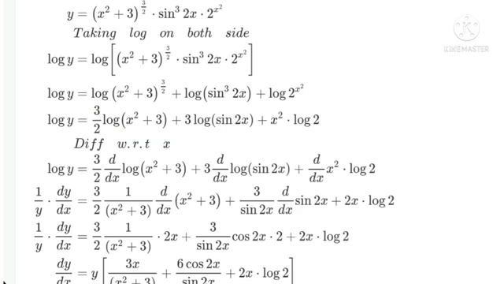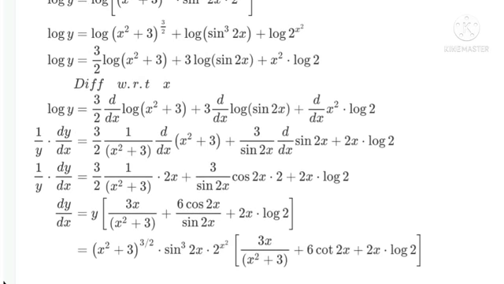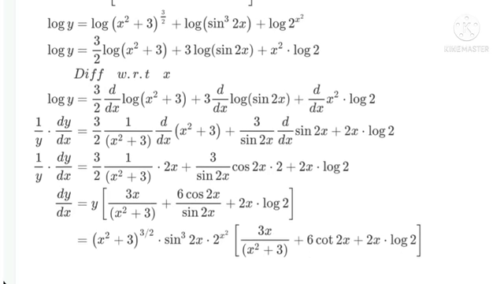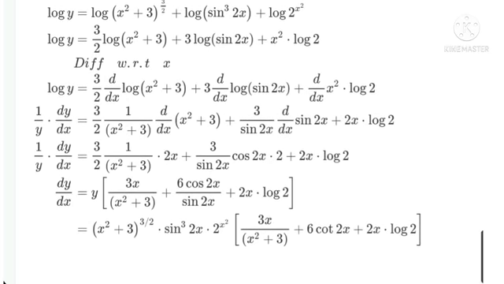Okay, so our next step is log y as it is, 3 upon 2 into log x square plus 3. Here also 3 into log sin 2x, and here x square into log 2. Now differentiate with respect to x, we get, what is the derivative of log y?